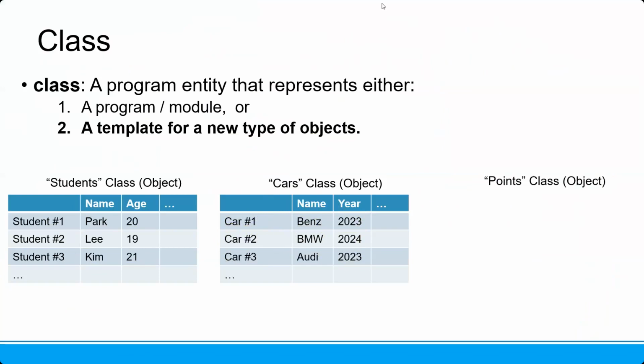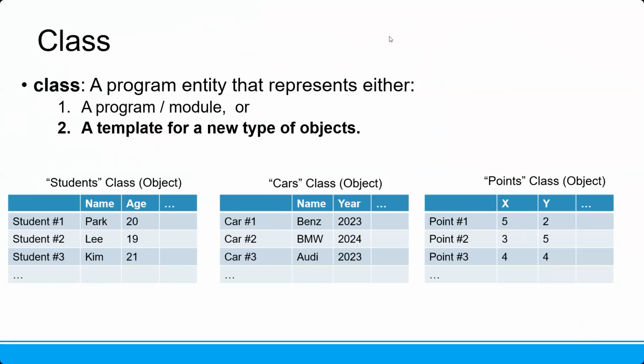If I have the point class, then object number 1 will be a point, and the attributes or columns are x and y. The x equals 5 and the y equals 2 for point object 1. For point object number 2, the x is 3 and y is 5.